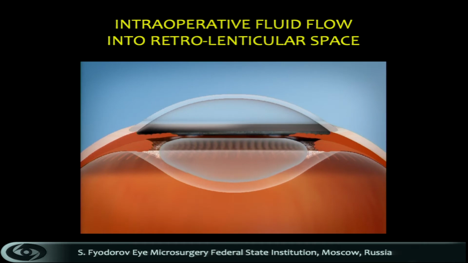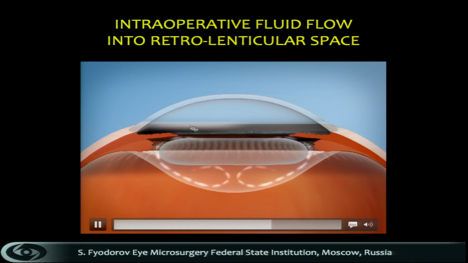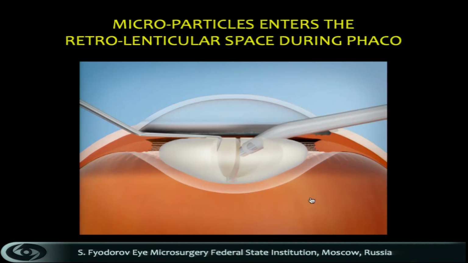So this is the kind of mechanism that happens. The fluid goes through the zonules, goes behind the posterior capsule, and lifts the capsule above the regular plane. This is how that happens during the surgery.